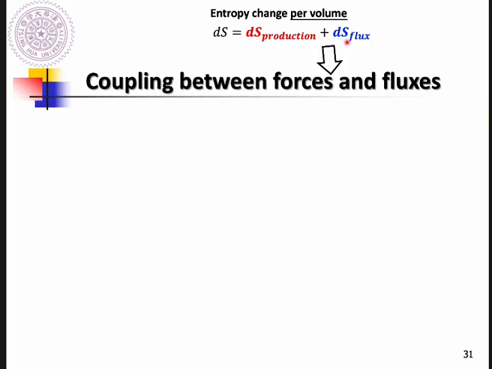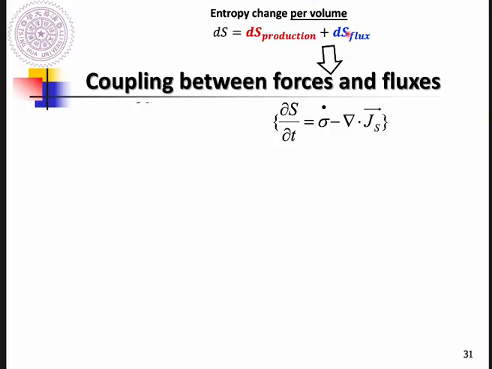Then I try to get the sigma dot, so I need to divide by time. So I get the total entropy change rate of this cell or cube. And the production, when I divide it by time, gives the rate of entropy production per volume, sigma dot.